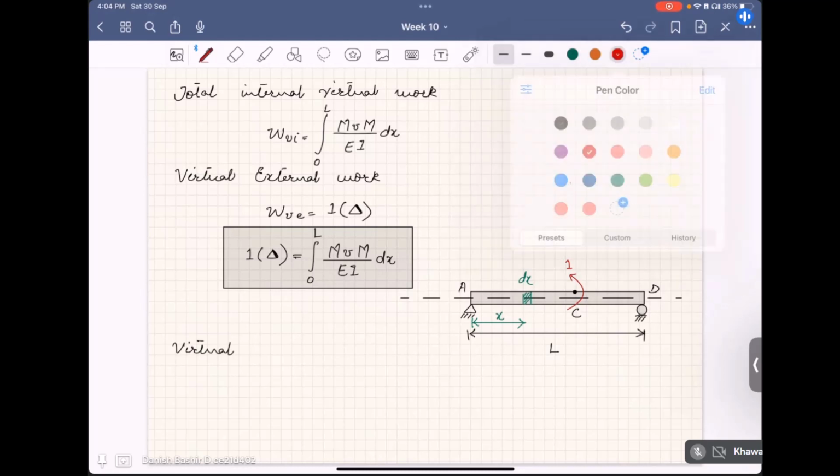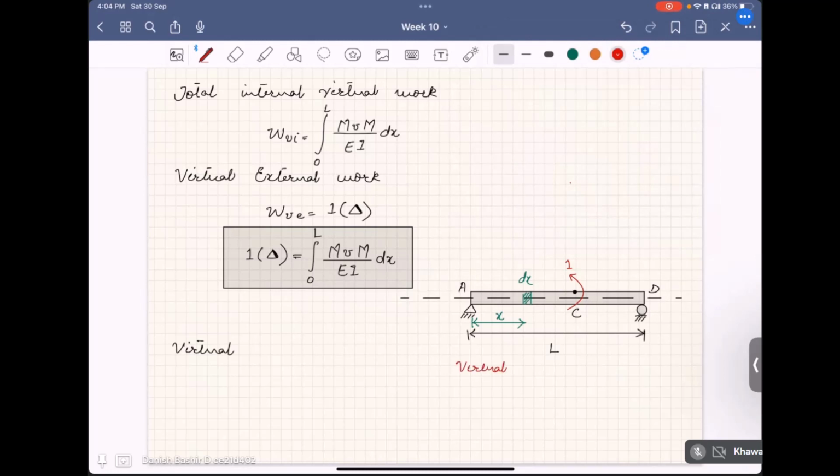One thing I forgot: this is the virtual system for determining slope theta. So what will be the virtual external work?